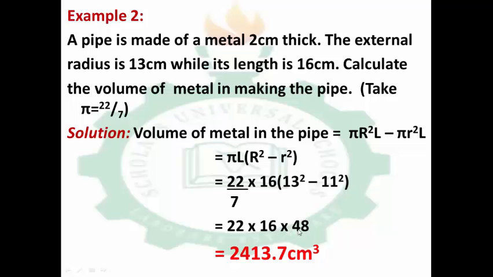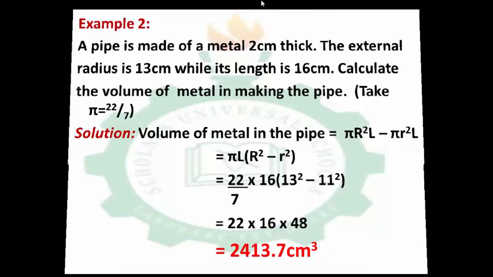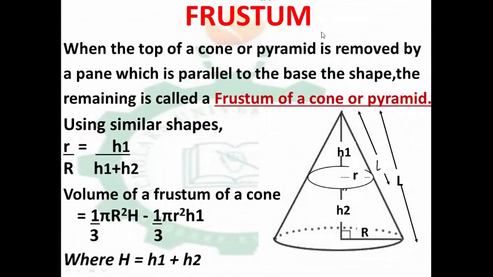Now let's go to what we call a frustum. When you talk of a frustum, this is when the top of a cone or pyramid is removed by a plane which is parallel to the base of the shape. The remaining is called a frustum of a cone or pyramid.